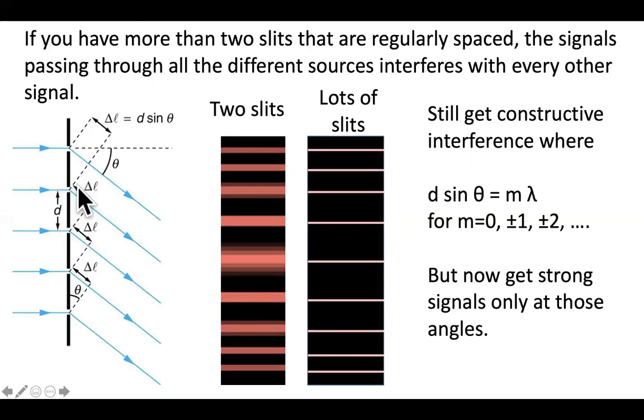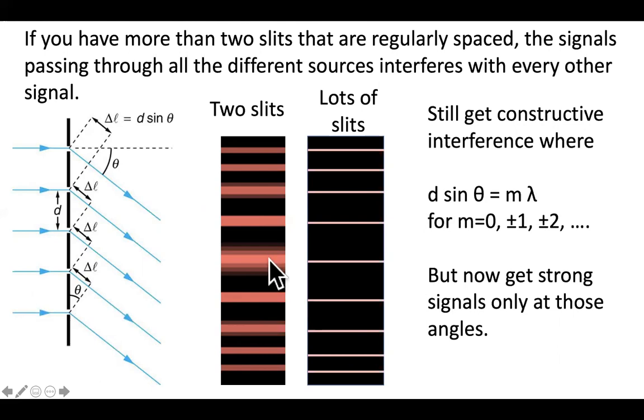What happens in this case is now you don't just have two signals to interfere with each other, you have a lot, and they all interfere with everyone else. Now, it turns out that this condition still works. You still get constructive interference when d sine theta is an integer times lambda.